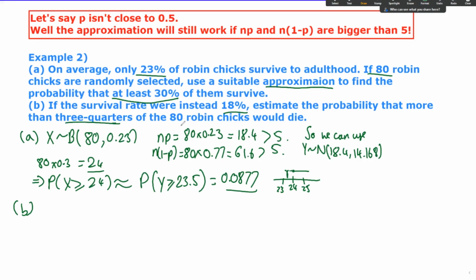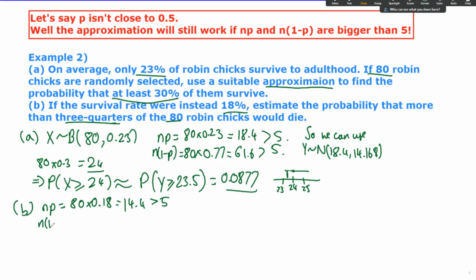Then for part B, it asks: if the survival rate were instead 18%, estimate the probability that more than 3/4 of the 80 robin chicks would die. Now it's even further from 0.5, but again, let's see if it works. np is 80 times 0.18, which is 14.4, again greater than 5.